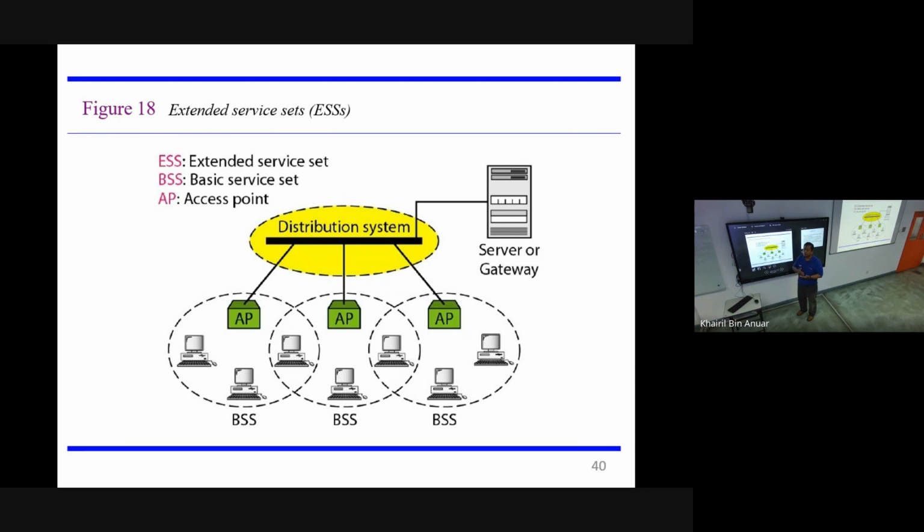Okay, so there's no connectivity, but this is not accepted for mobile communication. For mobile communication using your mobile network, you will have what we call the handover process, whereby you will still have connectivity when you move from one base station to another base station. Okay, so these are the extended services.